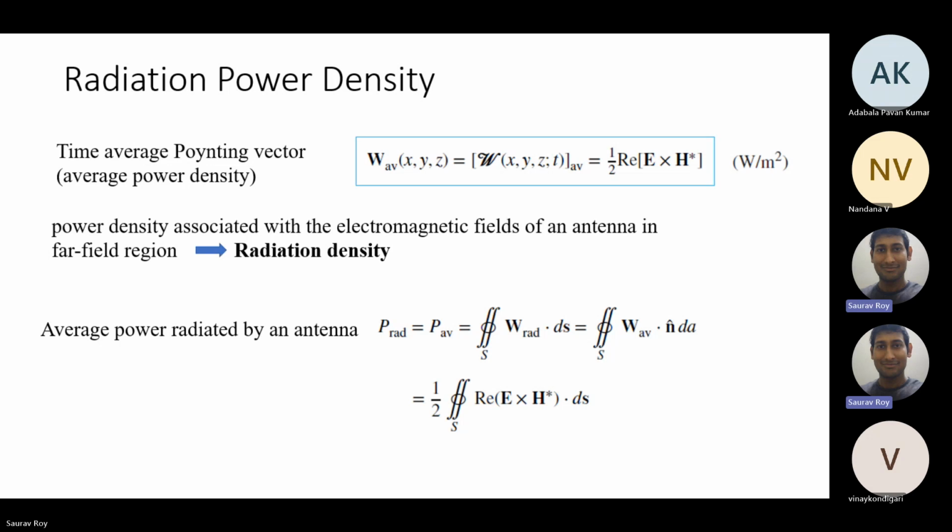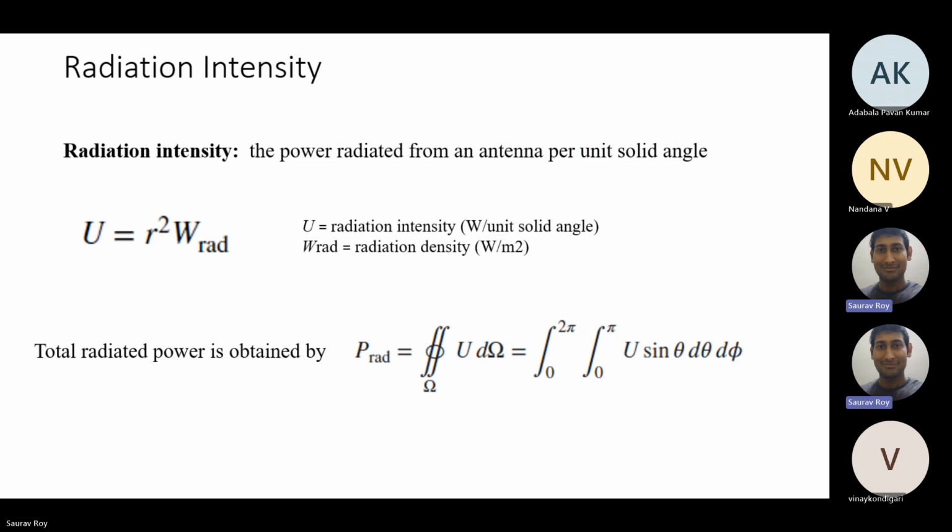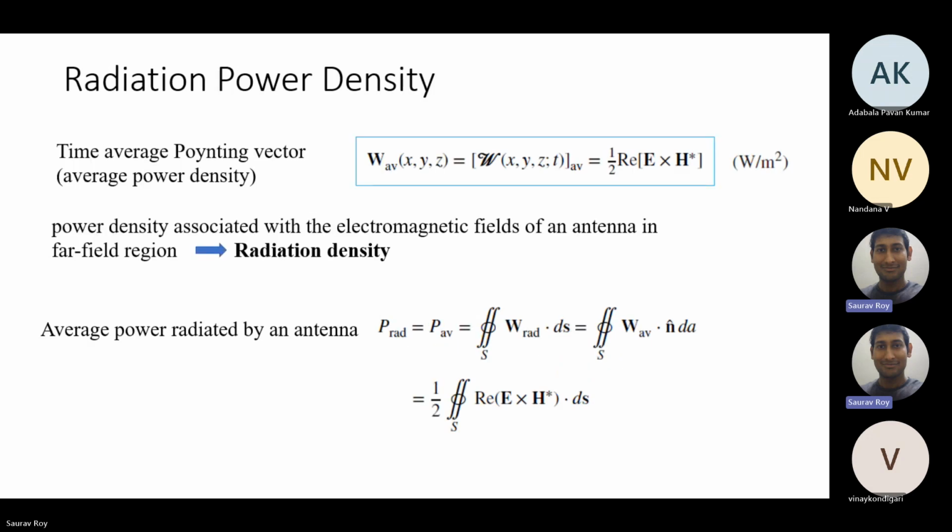If you take the average power radiated by an antenna, it has to be taken over the whole surface in the vicinity of the antenna, because the power density, with the unit watt per meter square, is power per unit surface area. So it comes as half of the real part of E cross H star, integrated over the surface.